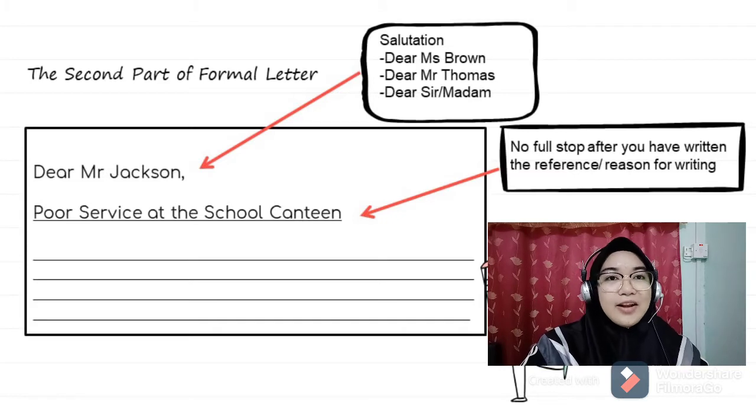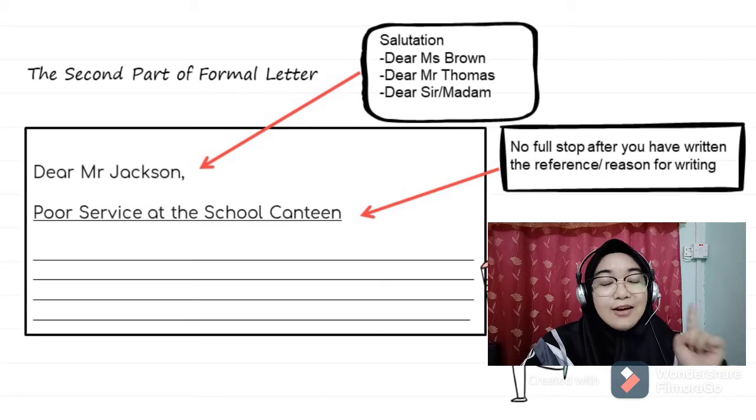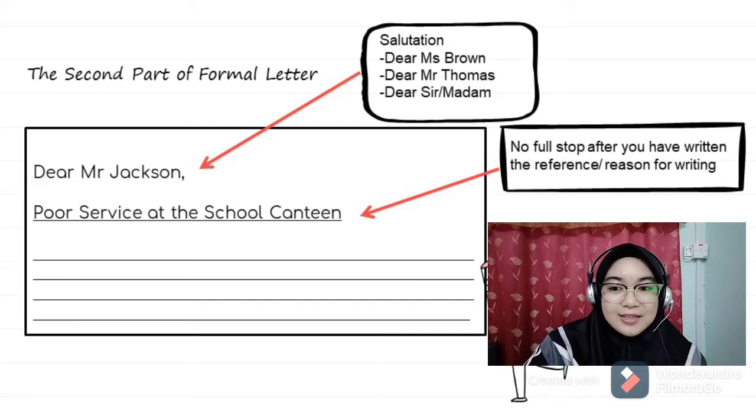Next, skip one line after the salutation and clearly state your reason or the reference for you to write the letter. Remember, first letter for each word should be in capital letter and the sentence is underlined.